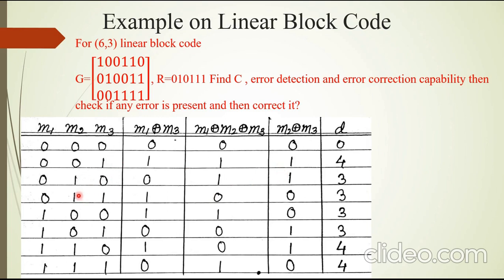Then 1 XOR 1 will be 0. Then 0 XOR 0 will be 0. Then 0 XOR 1 will be 1. Then 1 XOR 0 will be 1. And then 1 XOR 1, it will be 0. So this is M2 XOR M3.